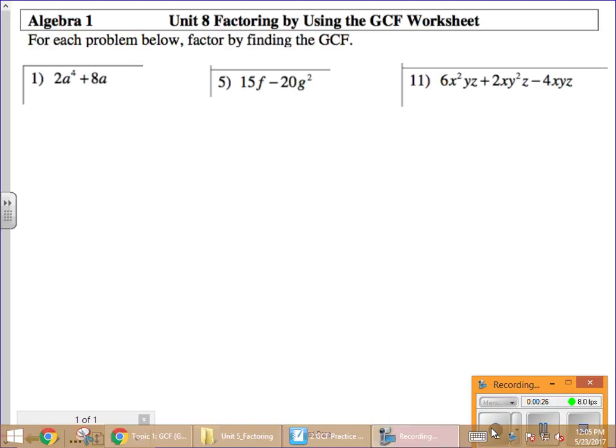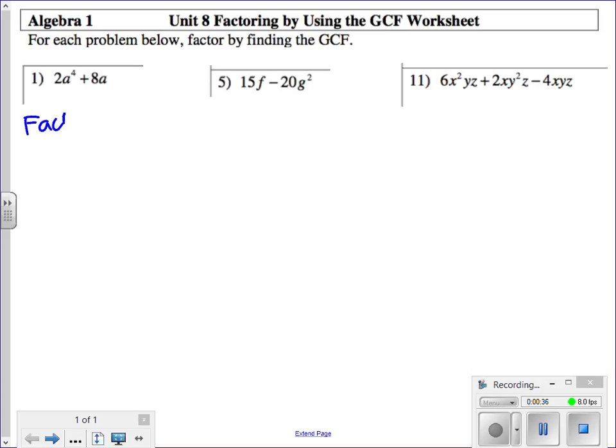All right, when I look at number 1, I'm going to list out all the factors for this one, and then we're going to do kind of a shorter method for 5 and 11. So first I'm going to list out all of the factors of 2a to the 4th. Well, the factors of 2 are just 1 and 2, and then a to the 4th is a 4 times. A, and a.